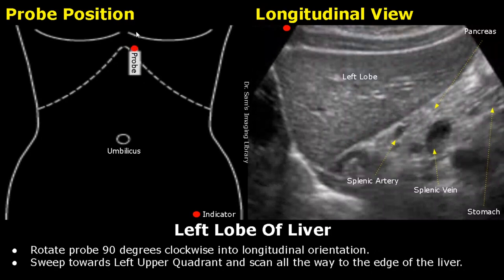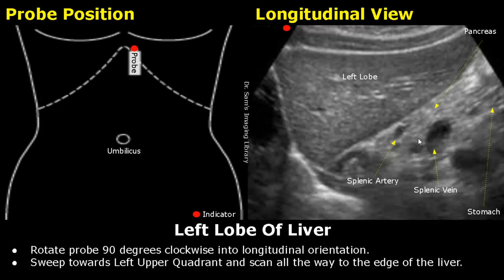Now the indicator is directed towards the patient's head and the probe is in longitudinal orientation. Move a little to the left of the midline and scan the left lobe thoroughly all the way to the edge of the liver. You will also see the pancreas posterior to the liver.